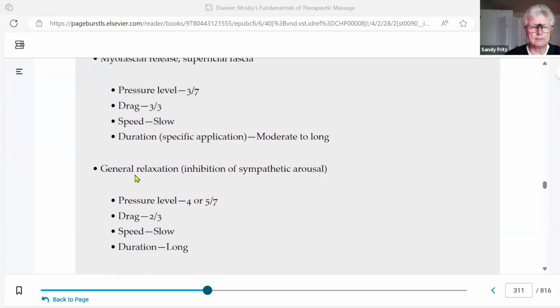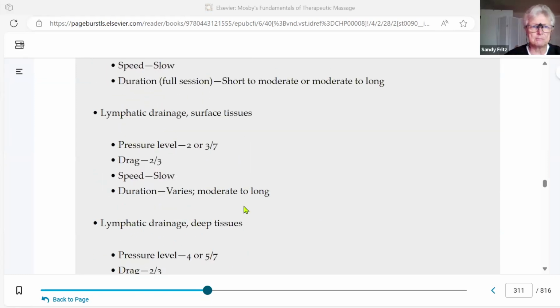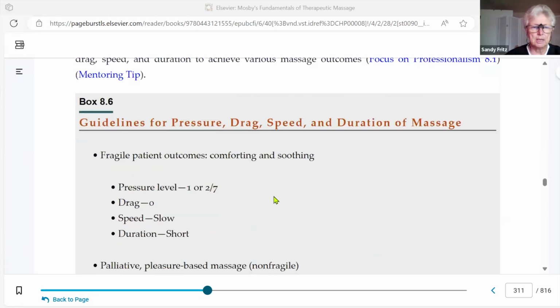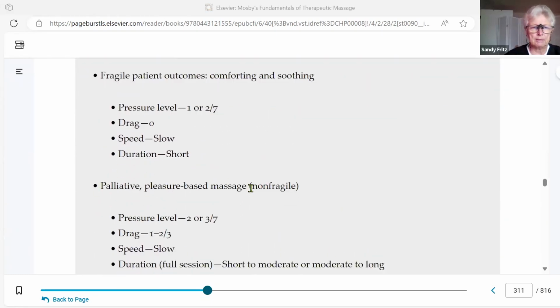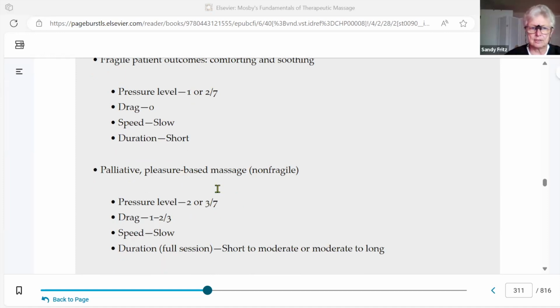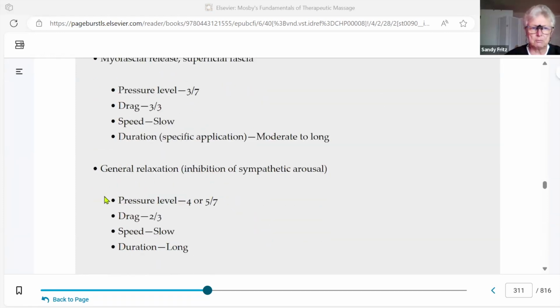And then if this is the general relaxation massage, I misspoke up here just a little bit and called this general relaxation. But this is the one right here where most clients are most satisfied most of the time.